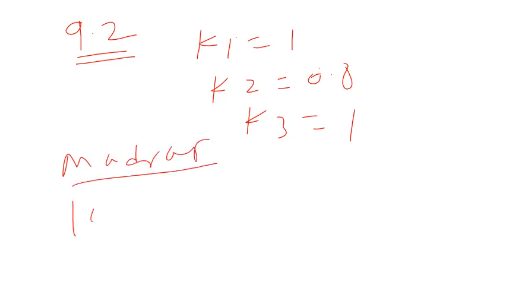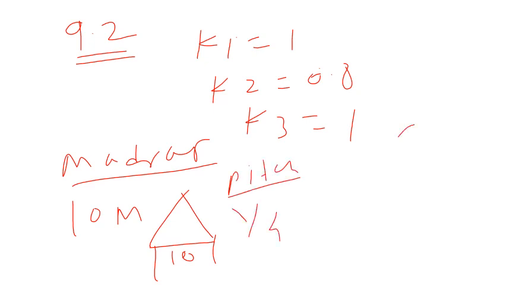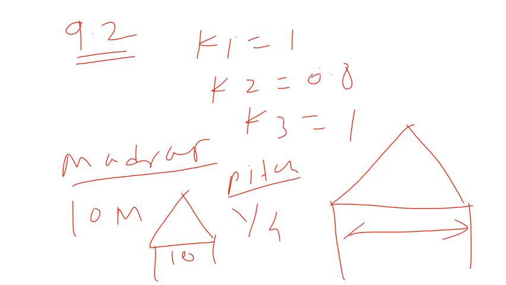So this building is situated in Madras. The span is 10 meter. Span, you know that, this distance, right? This is 10 meter. And pitch is given as 1/4. So actually this is this distance, right? So if we consider this as 4, this will be 1. So pitch is the ratio of the rise and the span. So this will help us to find out theta, or the roof angle.